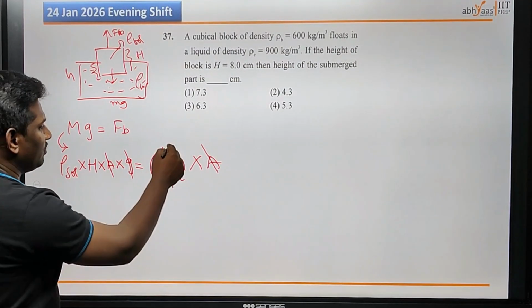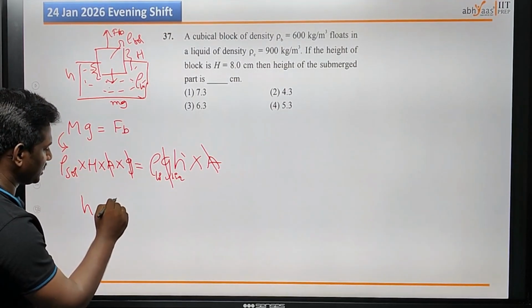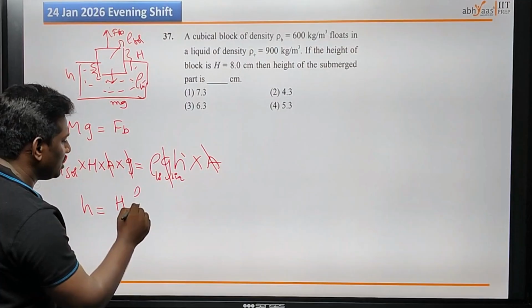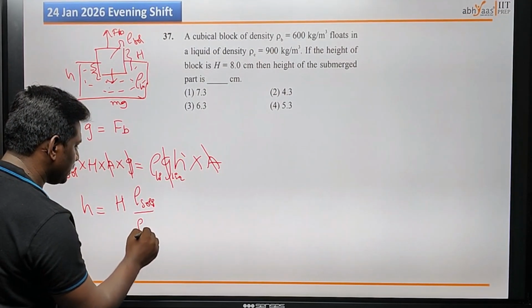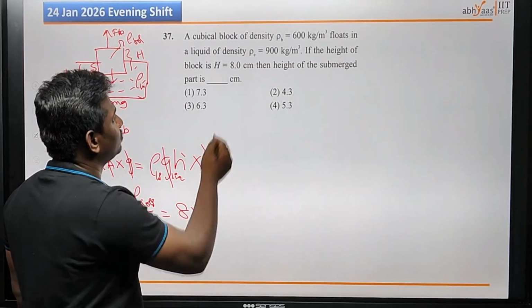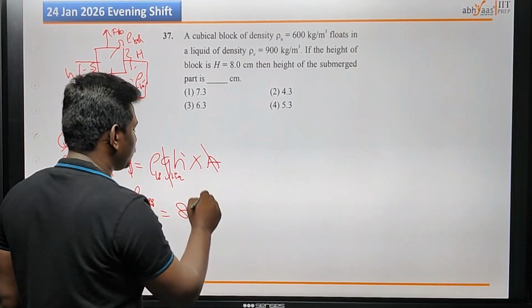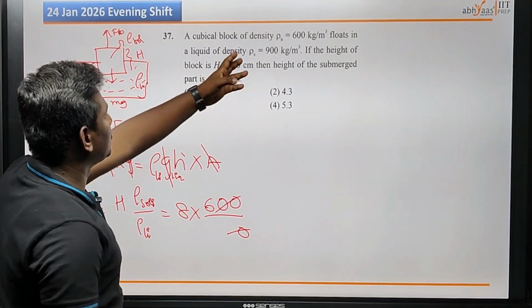Okay, we have to find h. h can be written as capital H into density of the solid by density of the liquid. You can write 8 into density of the solid, that is 600, and we are having 900.